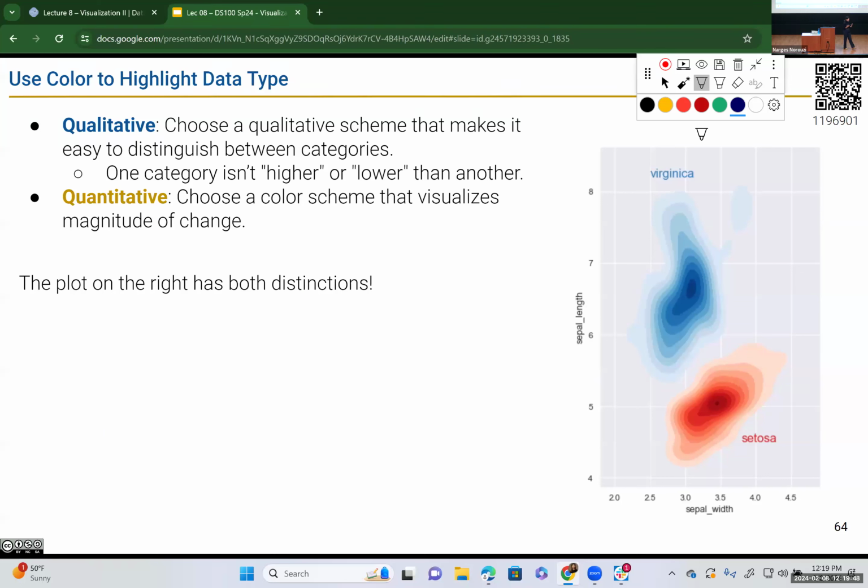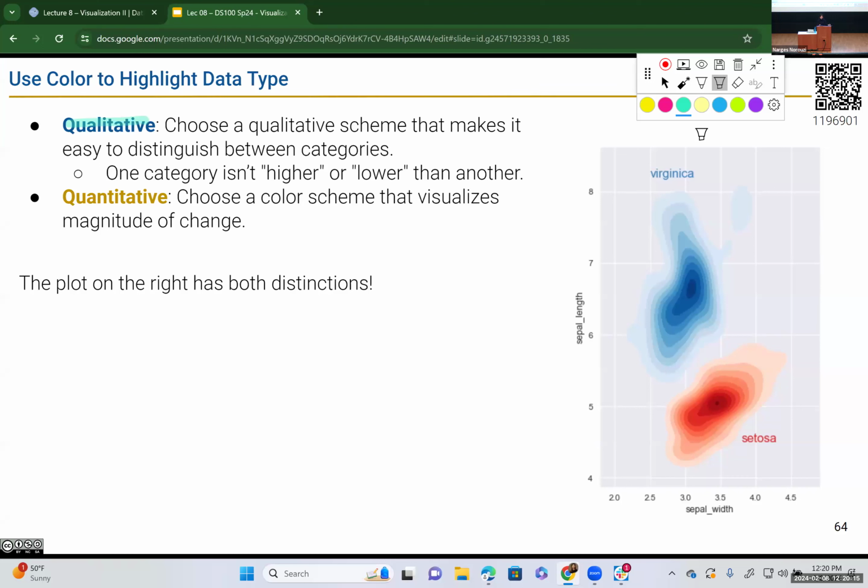But generally, we have to utilize color in an effective way. Remember when we were creating different plots, we were saying that we decide about the plots depending on the type of the variable that we have. We use color also intentionally. If we have a qualitative variable with categories to show, let's use qualitative color schemes.